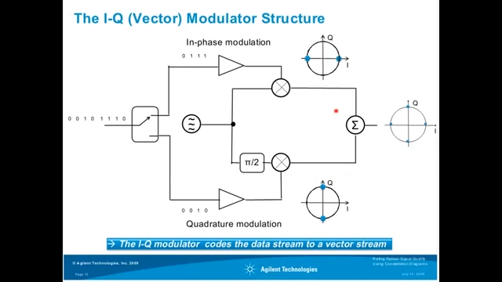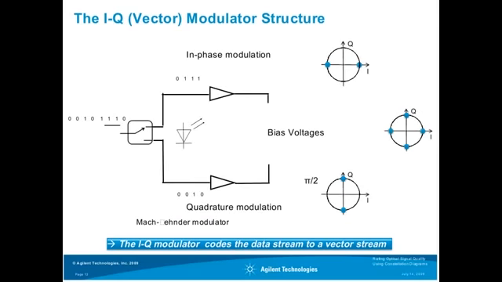So if you combine both of them, you will end up in this constellation diagram that has 4 constellation points. And to these 4 constellation points, as we have seen before, you can code 2-bit combinations. So the IQ modulator codes a data stream into a vector stream.